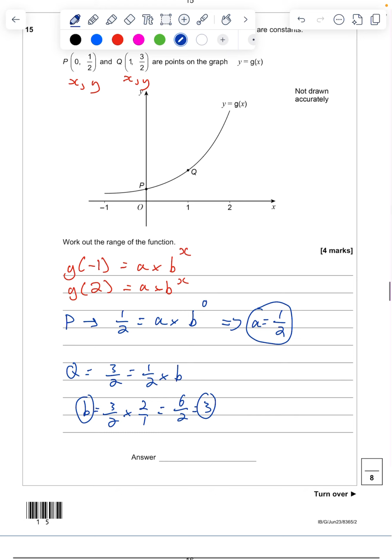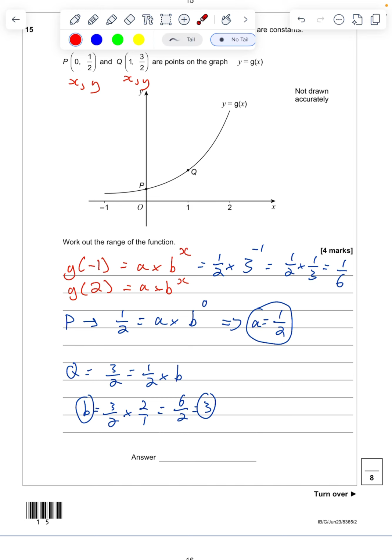So now you know, up here, you're going to put -1 into a times b to the power of x, so you've got a half times 3 to the power of -1. That's going to go to a half times 1/3, which is 1/6. So when x is -1, you get a y value over here of a sixth.